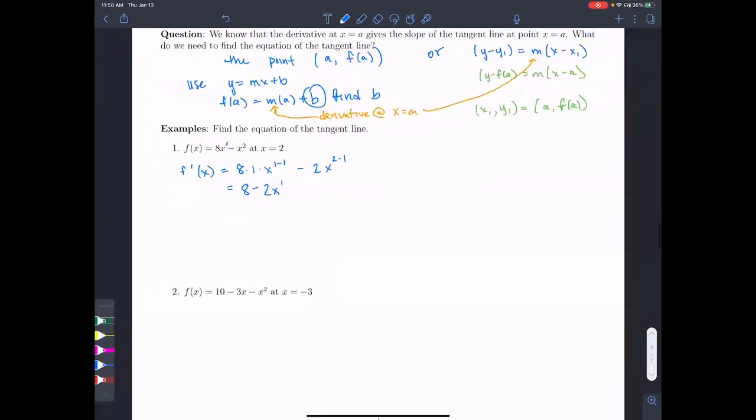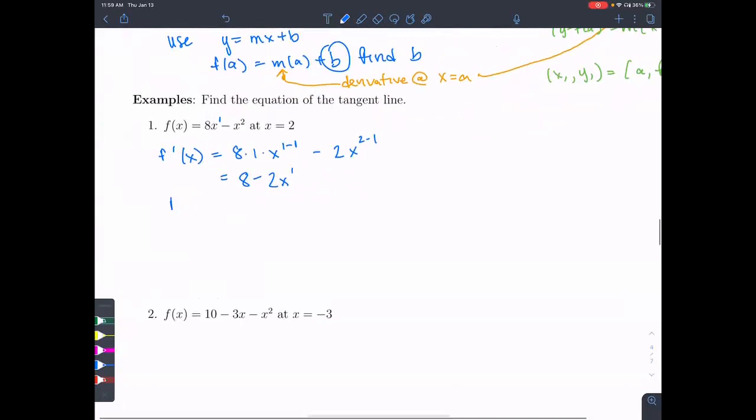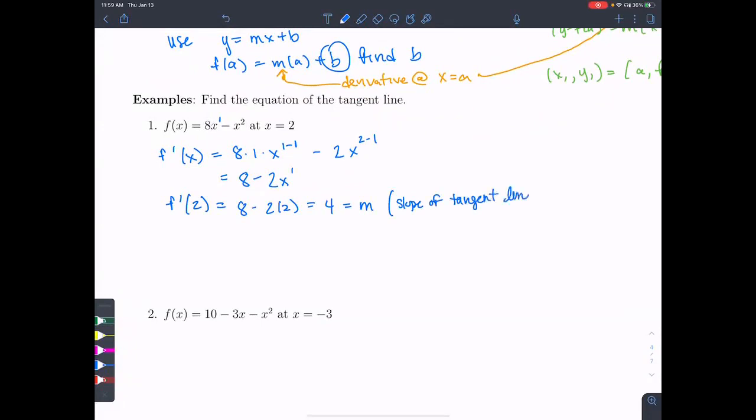And then you want to do f prime of 2 to get the actual slope of the tangent line at 2. So you have 8 minus 2 times 2, which is 8 minus 4, which is 4. This equals m. This is the slope of the tangent line at x equals 2. Then how do we find f of 2?